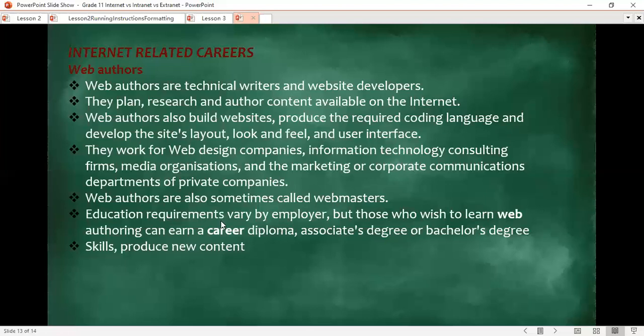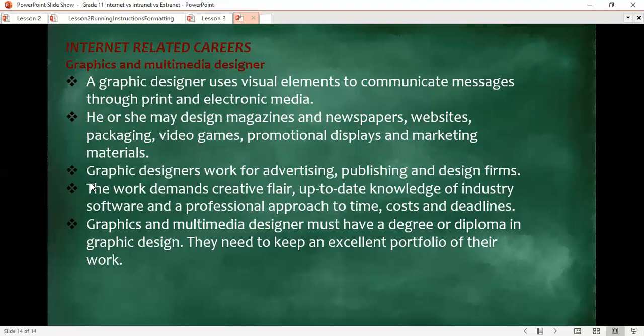Educational requirements vary by employer, but those who wish to learn web authoring can earn a career diploma or associate degree, so the requirements are still the same. Okay, the skills we have already discussed.